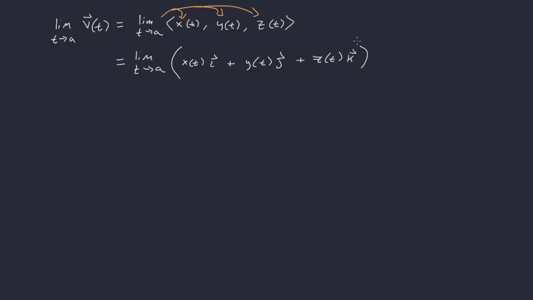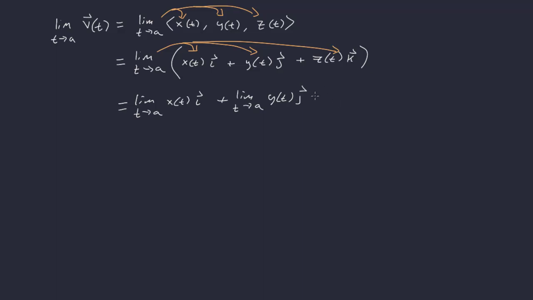And since we can write every vector in this form, there's nothing stopping us from distributing the limit across this sum. Since we can write every vector as a sum, this is really just going to be the limit as t goes to a of x of t times i plus the limit as t goes to a of y of t j plus the limit as t goes to a of z of t k.